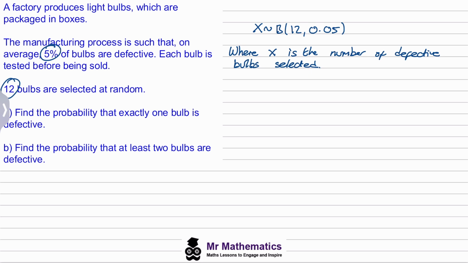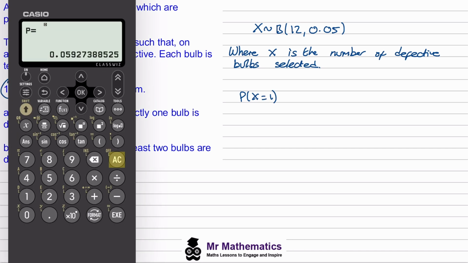Then for part A, we want the probability of x equaling 1. So we'll have x as 1, n as 12, and p as 0.05. And we get 0.3413.